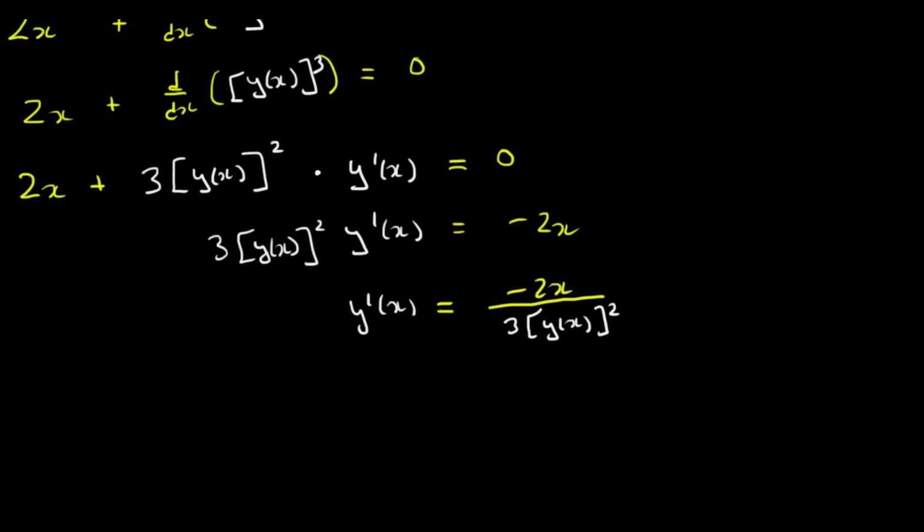It'll match exactly what we found previously. This will be y prime. We know it's a function of x, at least if we write it explicitly. And then it's going to be minus 2x all over 3 times, get rid of the of x, y squared. And I guess I can put brackets around that if that helps you see. What I did, I just dropped the of x, and of course that matches our derivative.